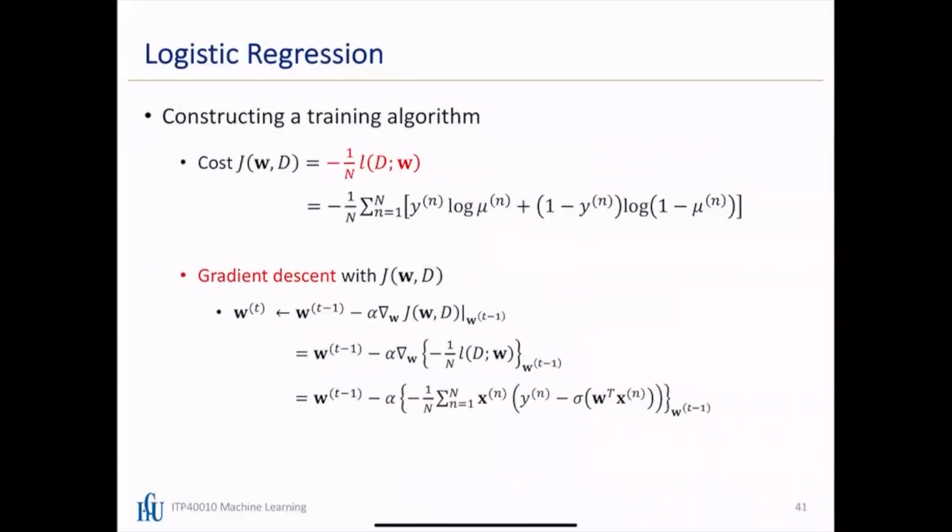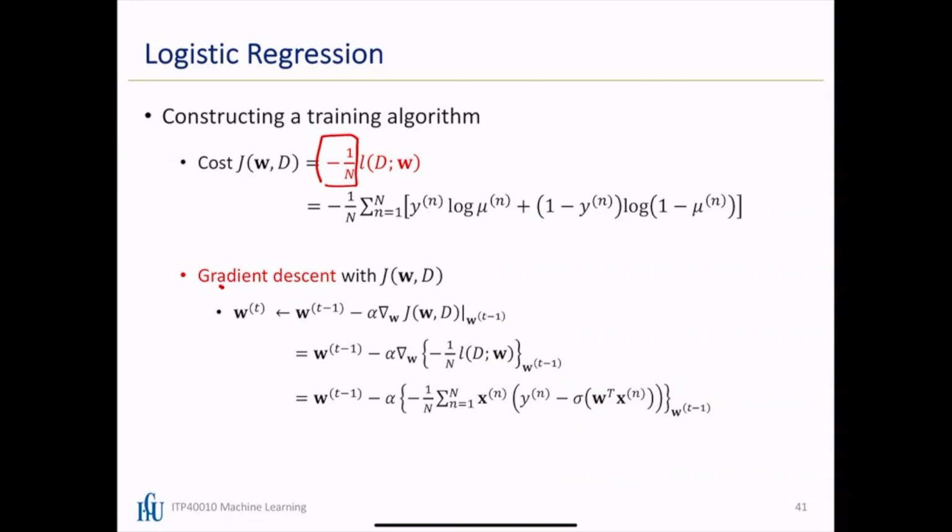But the optimization tool that we have is gradient descent. To achieve our objective in logistic regression, we simply put a negative sign in front of the goal. Specifically, we put negative 1 over N in front of the log likelihood that we obtained. So instead of going up, we can still go down and apply the same algorithm that we have.